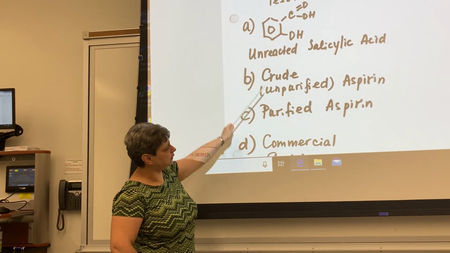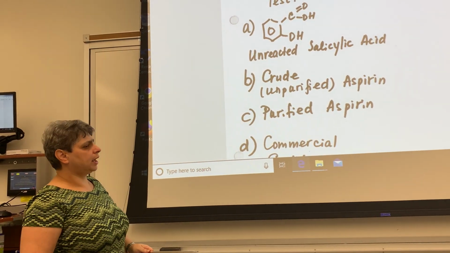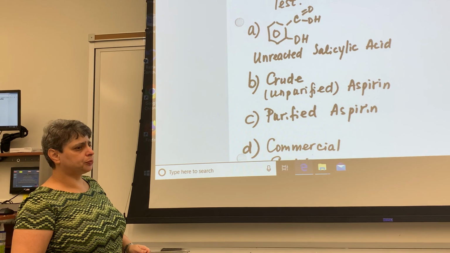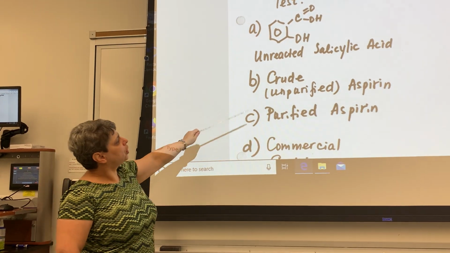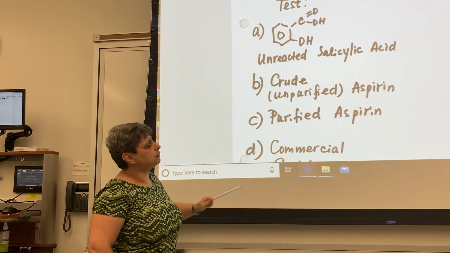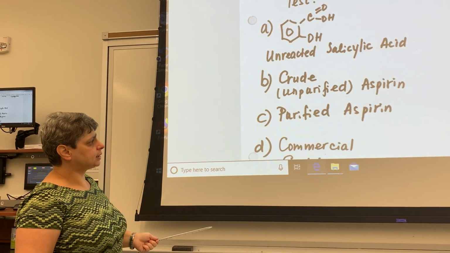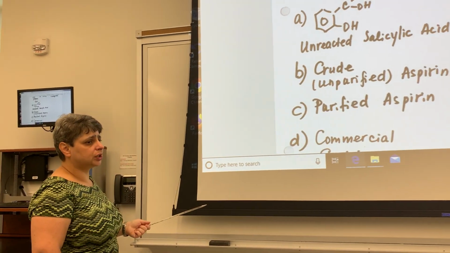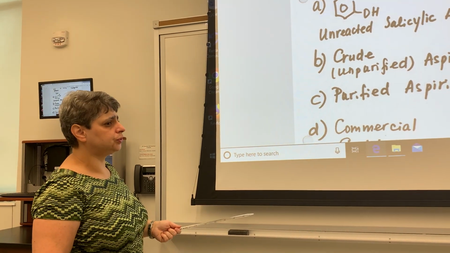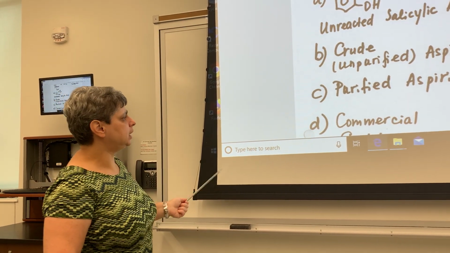Some of it needs to be saved for testing. Like I said, you only need 1 or 2 spatulafuls, that's all. So will we see any purple color for unpurified aspirin? As I discussed, the fact that the reaction is reversible hopefully explains to you what you might see here.